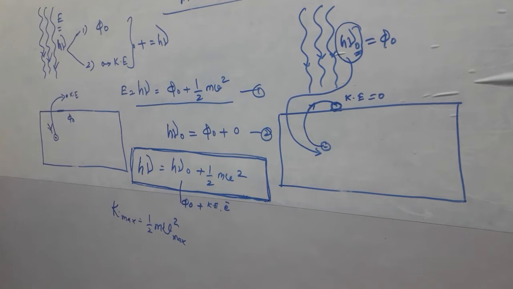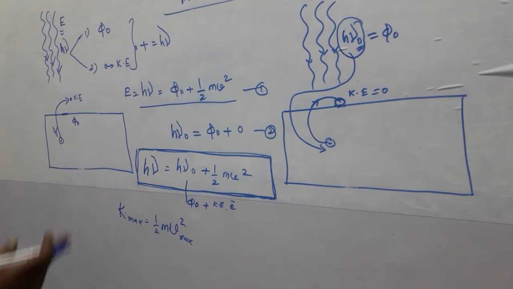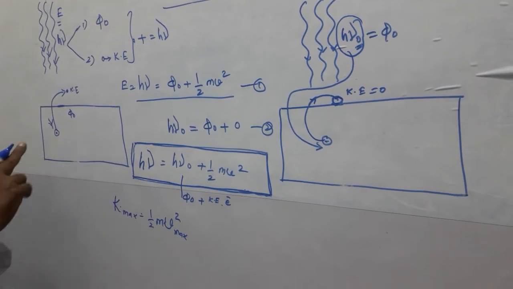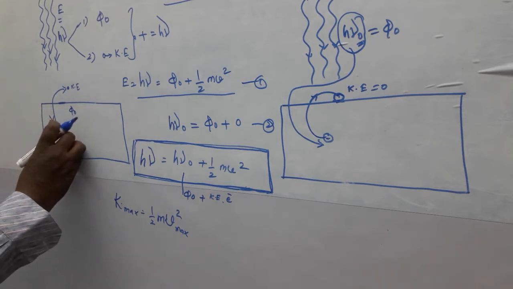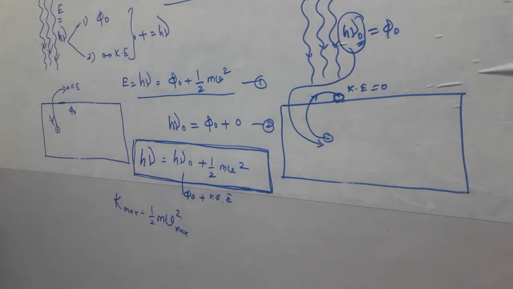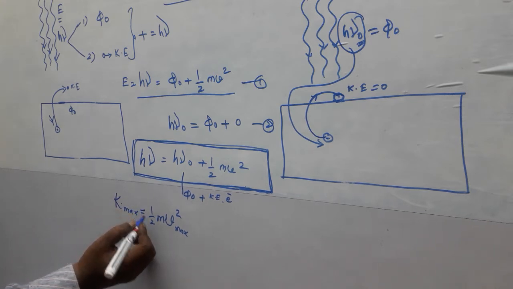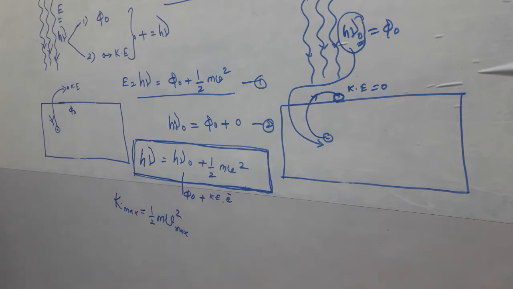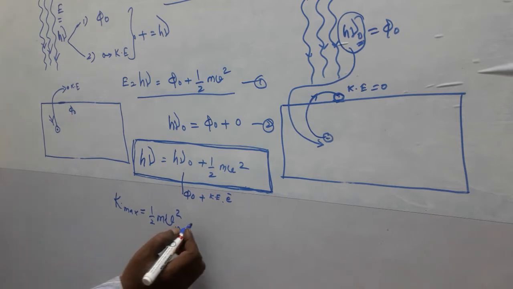If the electron does not lose energy by internal collision between the electrons inside the metal, then all the absorbed energy is emitted as maximum kinetic energy, so K maximum is equal to half m v square maximum, where v maximum is the velocity of the electron.